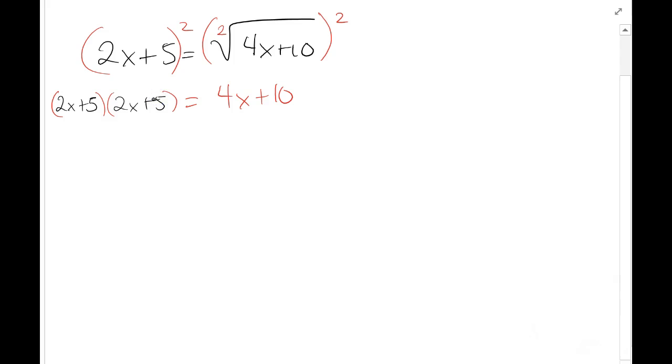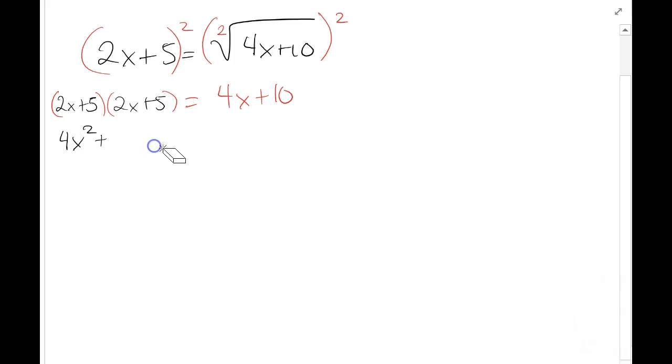Okay, so now I need to FOIL or multiply that out. Okay, so the first term, 2 times 2x, 4x squared, and then 2x times 5 is 10x, and then the middle term, 5 times 2x, that's another 10x, so those 10x plus 10x is 20x.